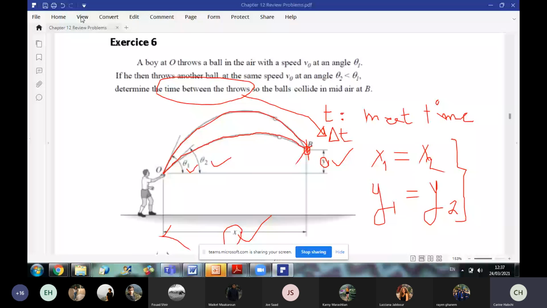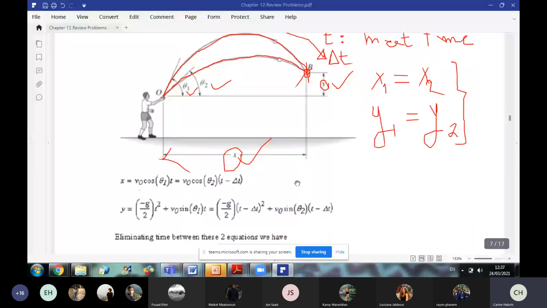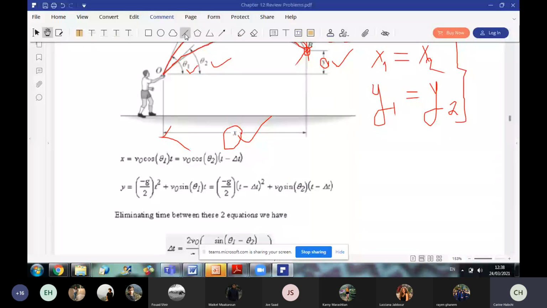So let us write the equations. First, along x, the equation of the first particle is x equals v0 cosine theta 1 times t, because it's a projectile motion and in the x direction there is no acceleration, so velocity is constant.